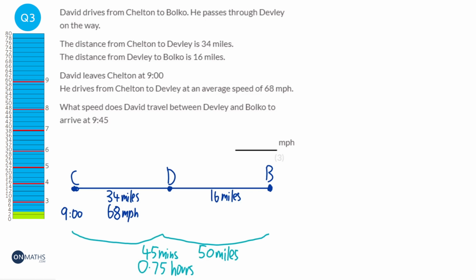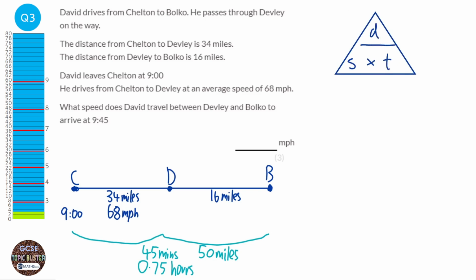Okay, now having a look at this, we need to find out what time David was at Devley. So we're going to use our speed distance time triangle. So speed equals distance over time, and we're covering up the time because that's the one we want.